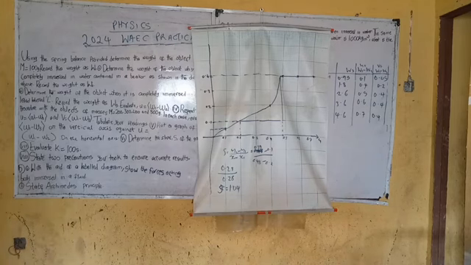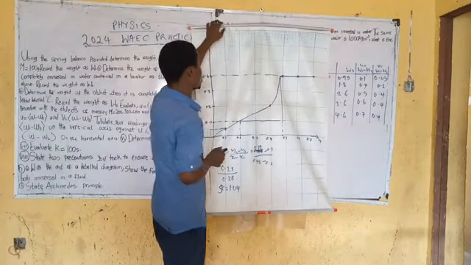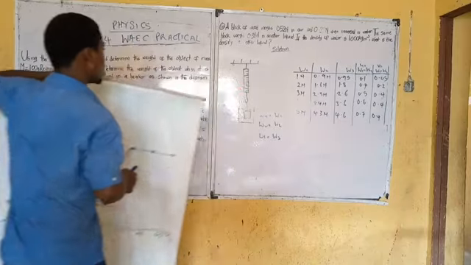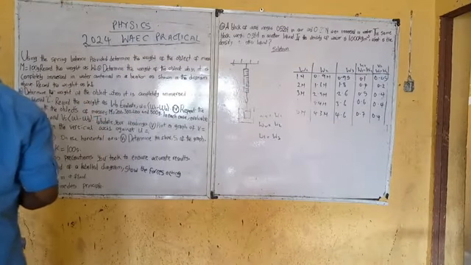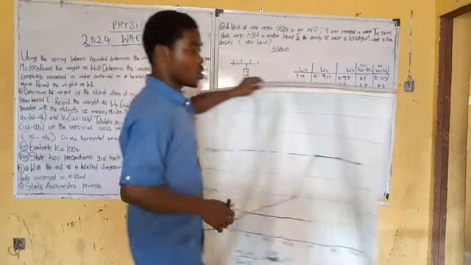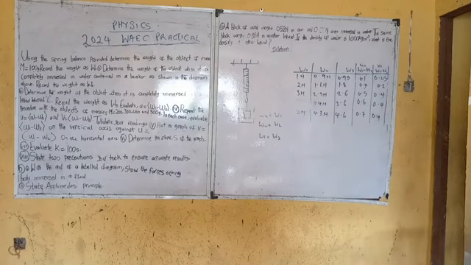So with the aid of a labelled diagram, show the forces acting on a body, a mass in a fluid. So if I have a body, a mass in a fluid, how am I going to show these forces with the aid of a diagram? Let's quickly look at that.